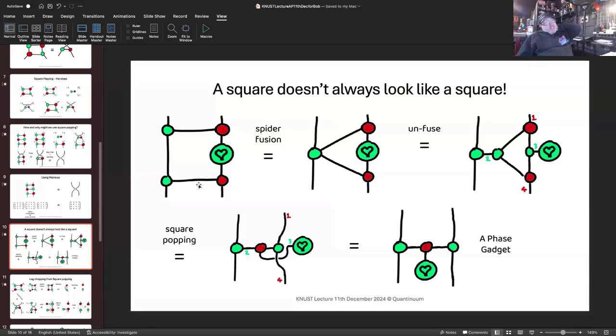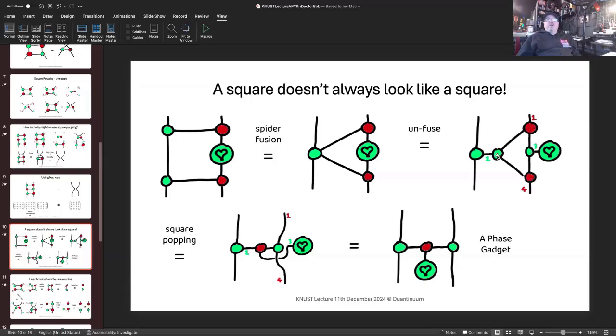It's not a square in the sense that you got these two green nodes and these two red nodes. No, it's a square in the sense that you can fuse these green nodes together, and then you can pull out this phase. You can unfuse the phase, and you also unfuse this one. And now you see you have a square sitting there in the middle.